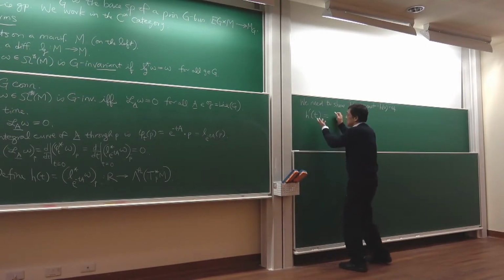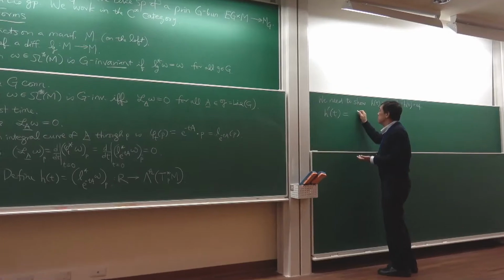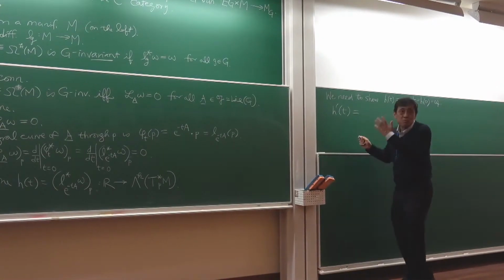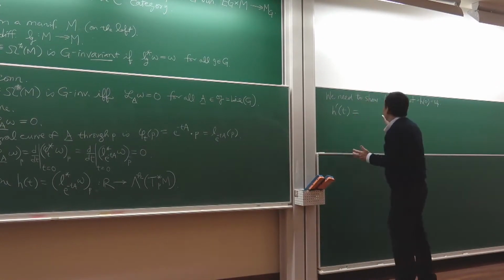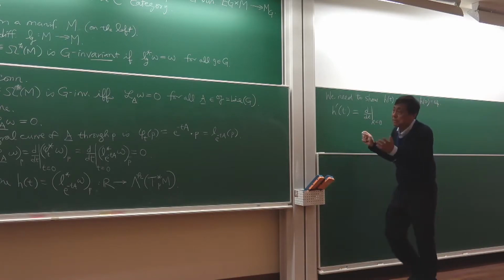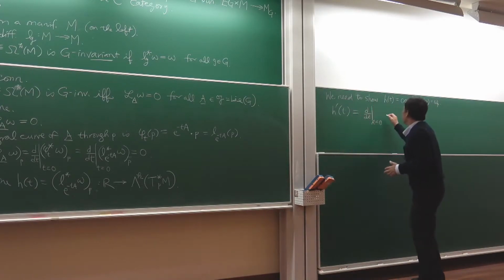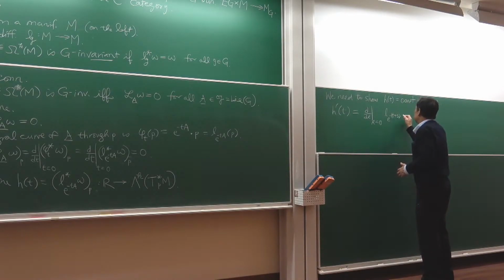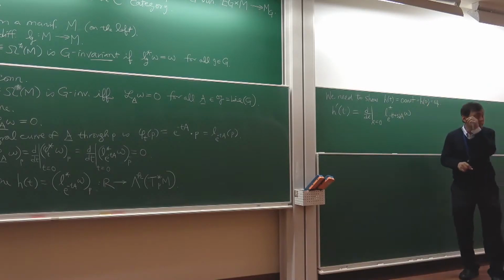So if you differentiate at t, that means you move t a little bit, say by s, and then differentiate with respect to s and evaluate at s equal to 0. So you move t a little bit, so it would be L e to the minus (t plus s) a, star omega. So that's the derivative at t.